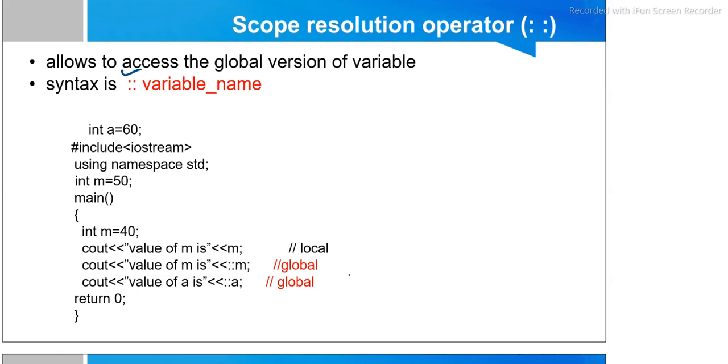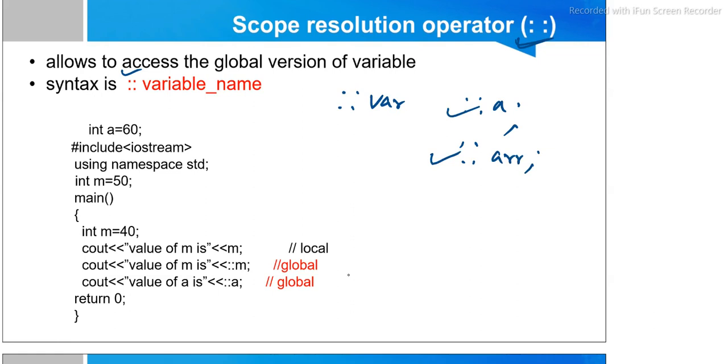The syntax for the scope resolution operator is two colons, then the variable name. For example, two colons then A, or two colons then ARR. Like this we can write the scope resolution operator in our program.